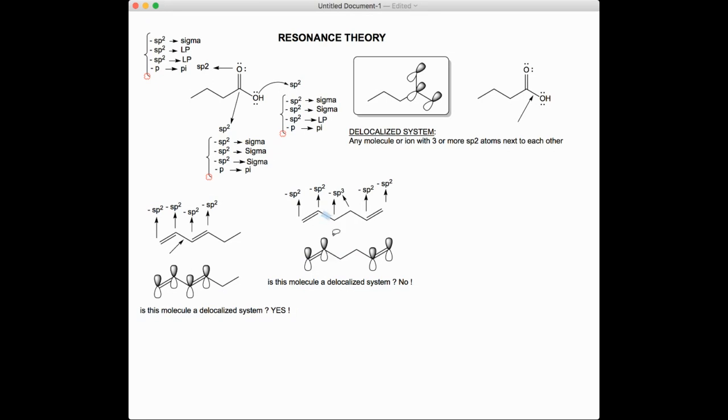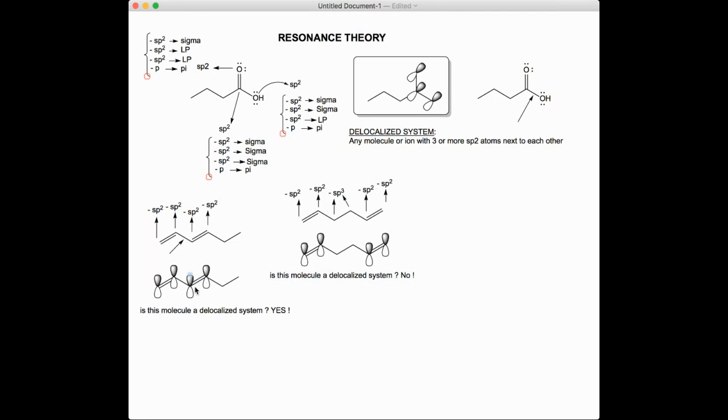So this is accurate. Here, same thing. So really, a single Lewis structure does show, for molecules that are not delocalized, the real electronic structure of those molecules. So we don't have a problem with systems that are not delocalized. A single Lewis structure will really show every interaction of pi electrons.